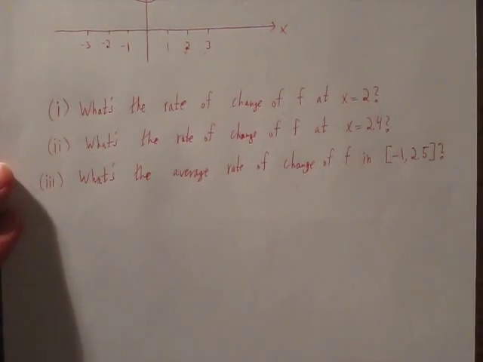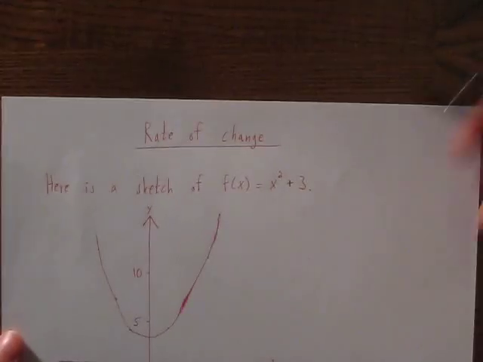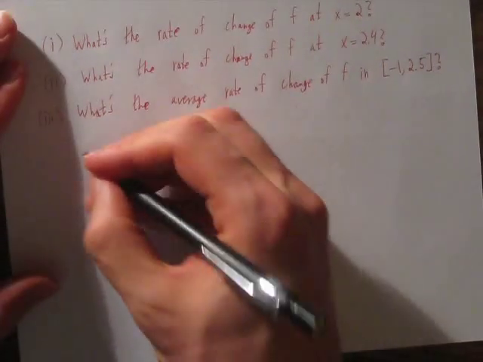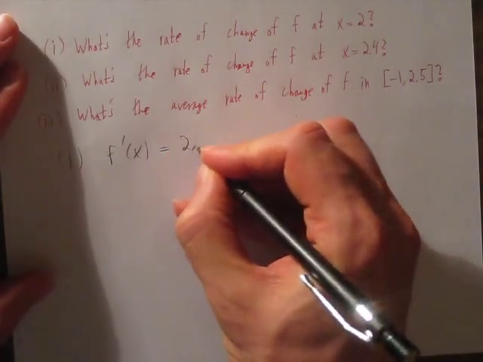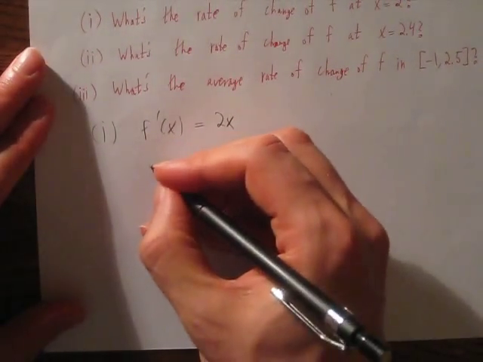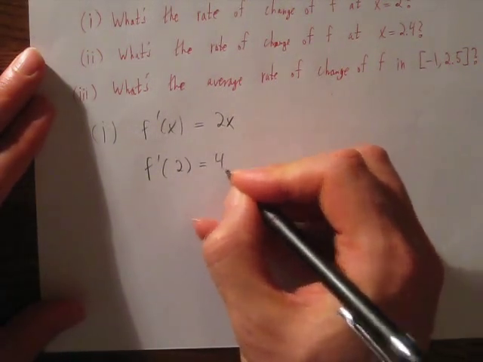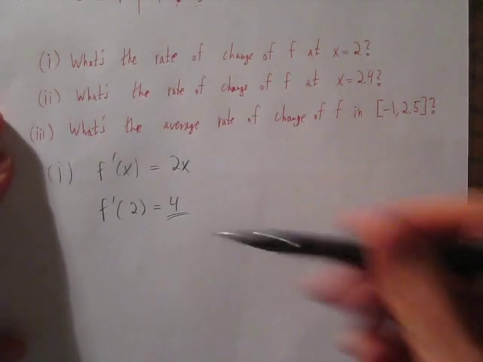So here we just use that the rate of change at the point is equal to the value of the derivative. So we want f prime of 2. This is found in a two-step process. First you find f prime of x is 2x. Then you take a new line and evaluate it at your point of interest. So the answer to the rate of change question at this point is 4.